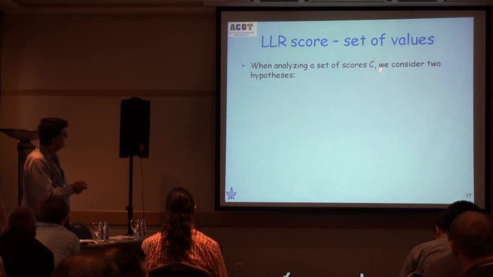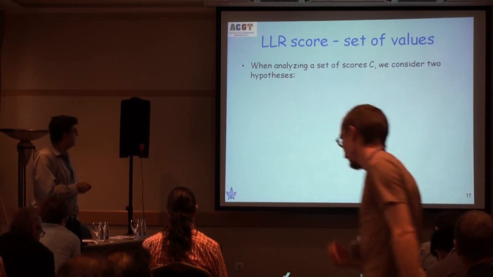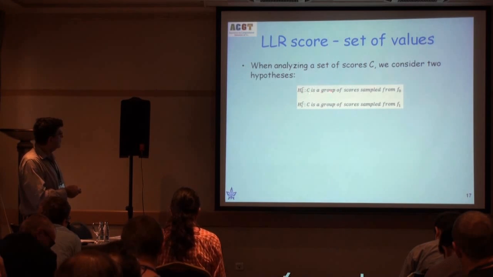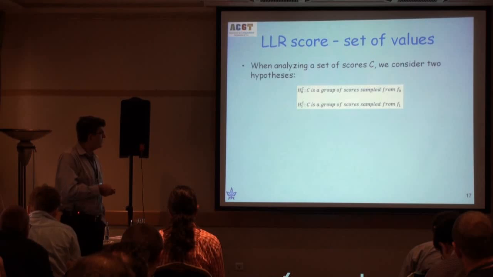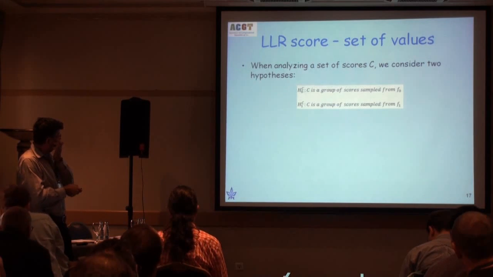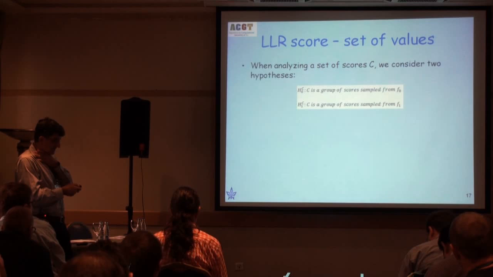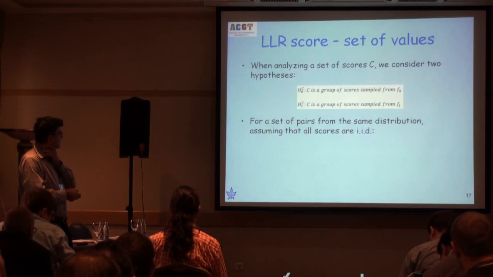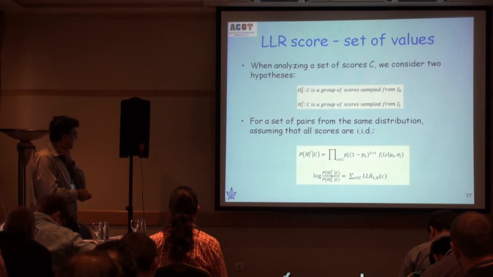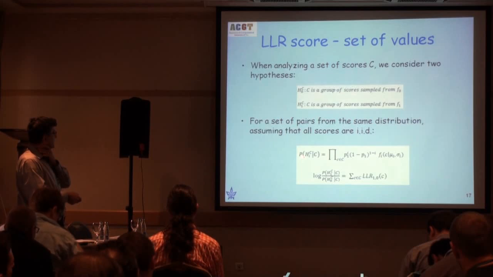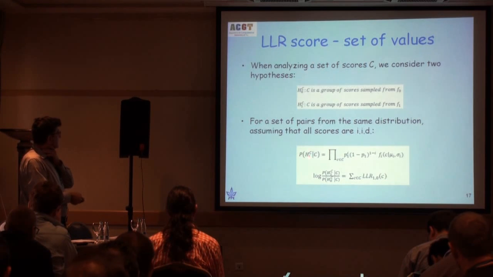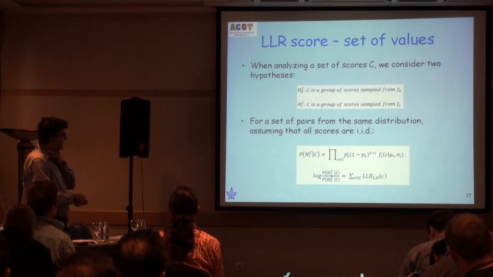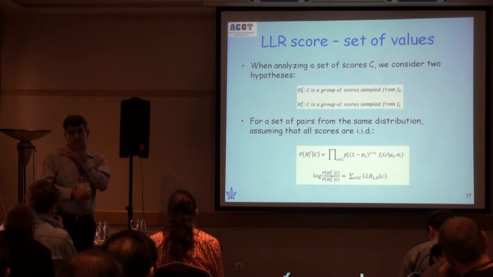So suppose we have a set of scores C, and we are comparing 2 hypotheses. One is that all the scores are originating from the distribution F0, and the alternative is that they come from F1. And when assuming that all these scores are IID and they come from the same distribution, then the probability that H1 is correct, given the set C, translates just to the sum of their LLR scores.